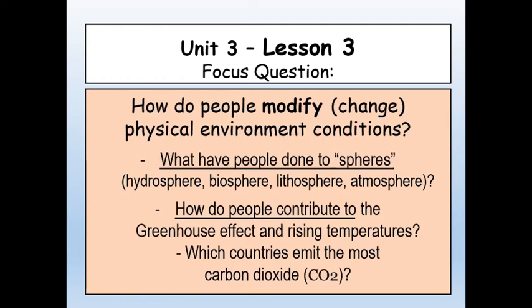Andrea and Sharon and I have really worked on talking about climate change without being insulting, trying to be respectful of differences of opinion. But I think when we talk about people modifying the environment, we have to deal with something called the greenhouse effect and rising temperatures.